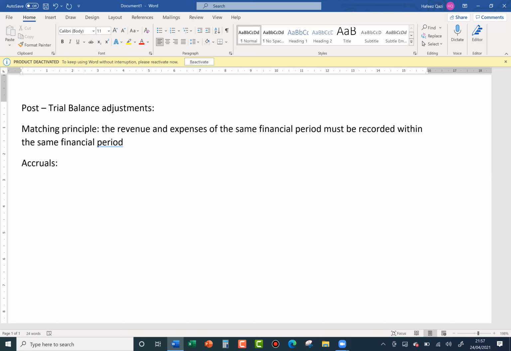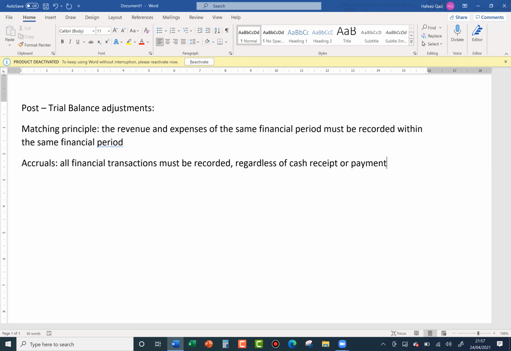Now, accruals means that all financial transactions must be recorded regardless of cash receipt or payment.